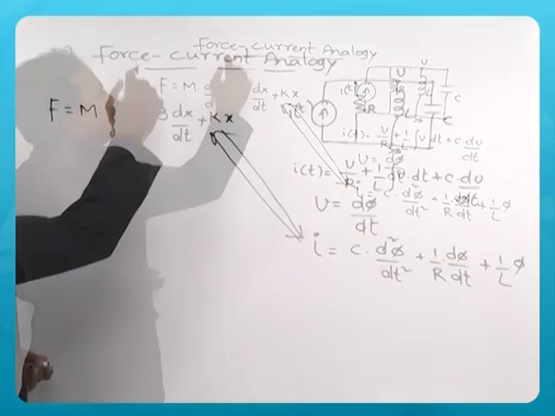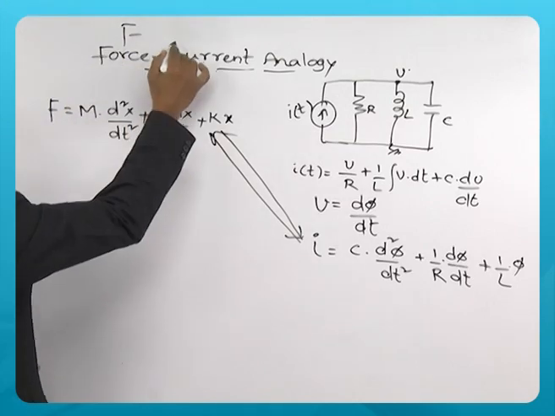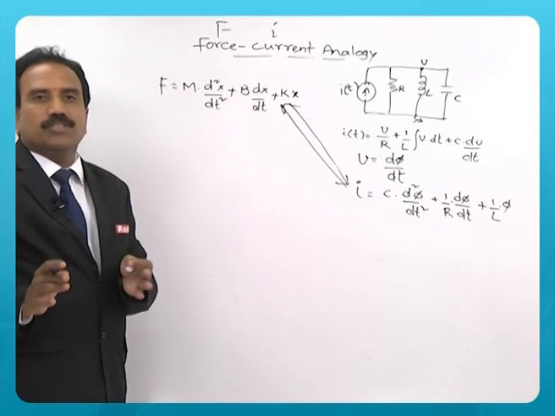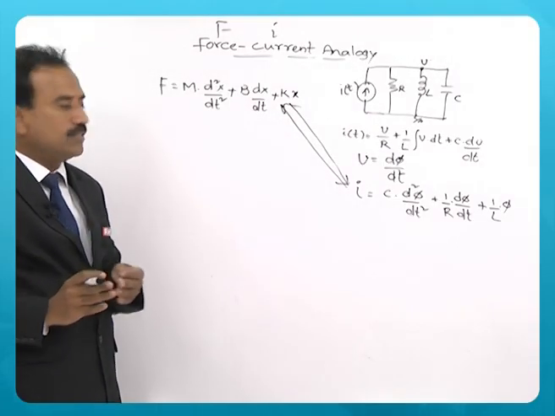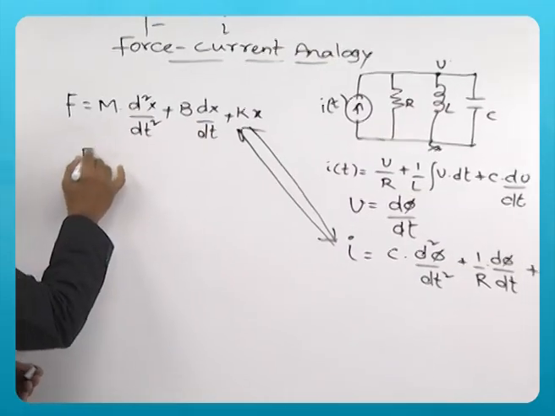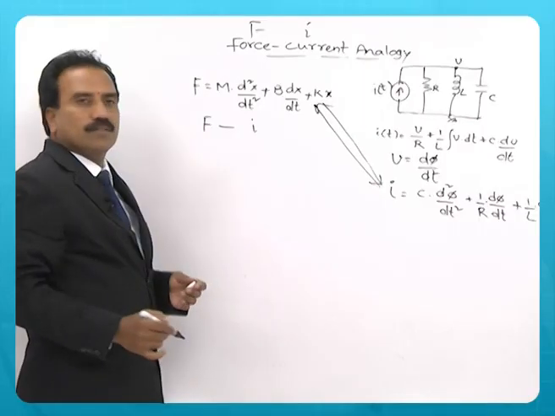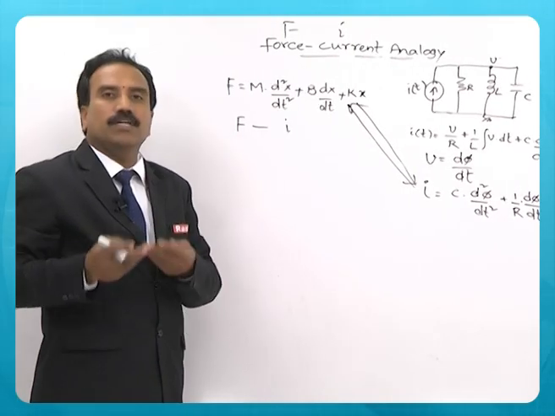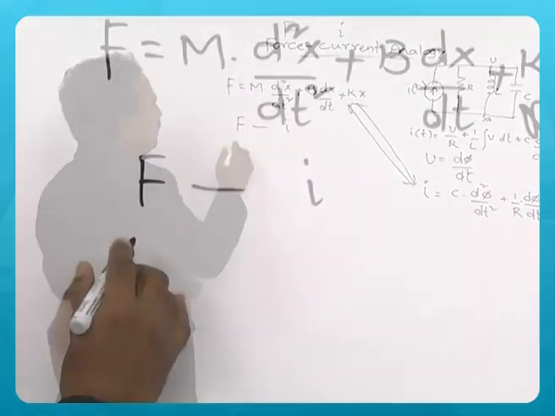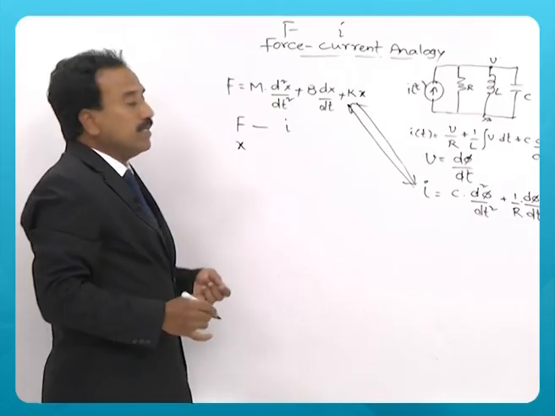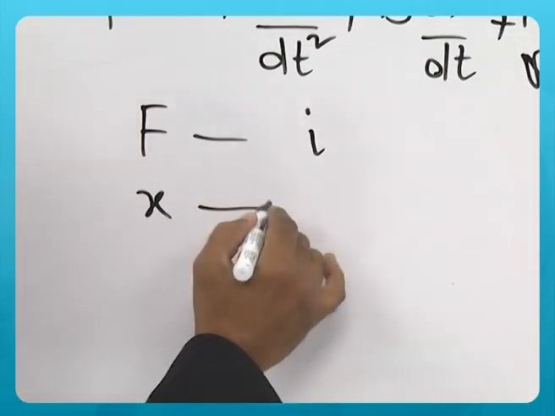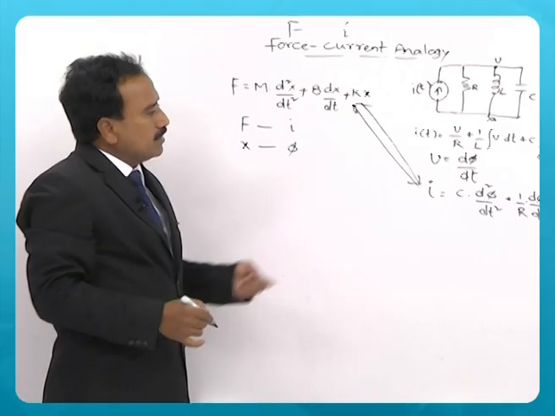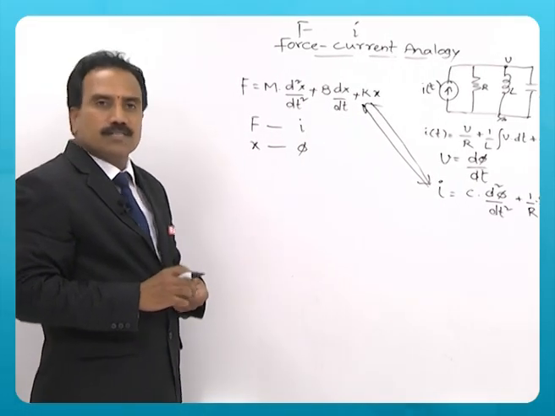So, that is why it is called force F current I analogy, force current analogy. So, force and current, both are independent variables. Then what are the dependent variables? I say here x is the displacement and correspondingly flux is the parameter in electrical system.